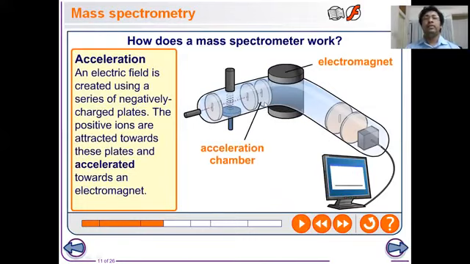The charged plates attract the positively charged ions, and as a result the charged particles will come forward and get inside the tiny hole of these charged plates.